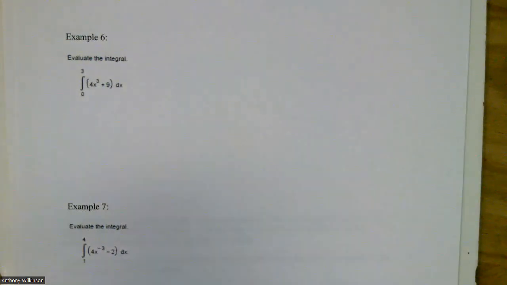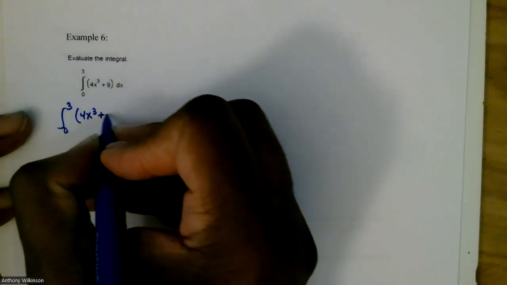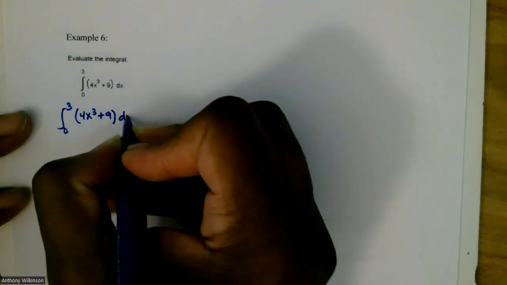All right, example 6. Say we got the integral from 0 to 3 of 4x cubed plus 9 dx. And we'll want to find this integral. Okay, so I'll rewrite this as the integral from 0 to 3 of 4x cubed plus 9 dx.